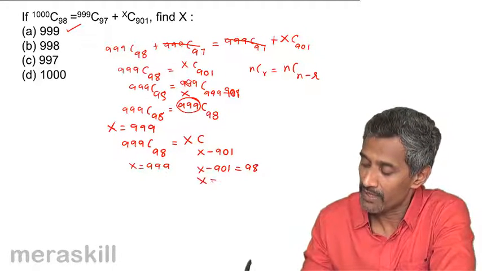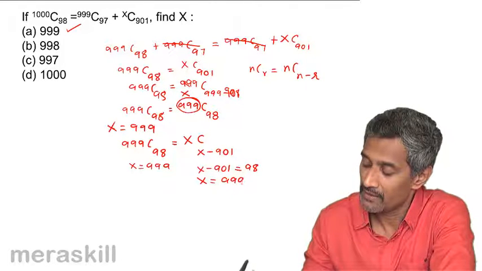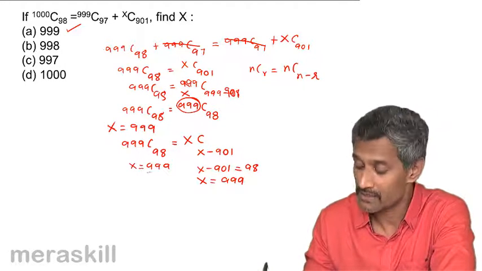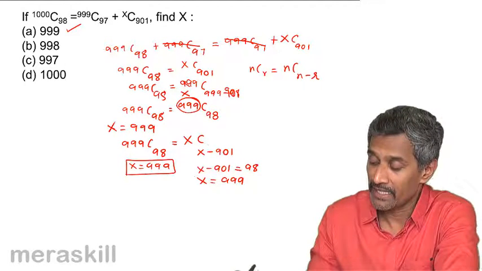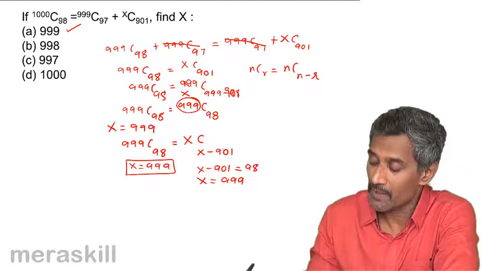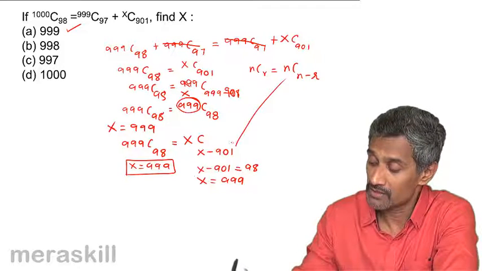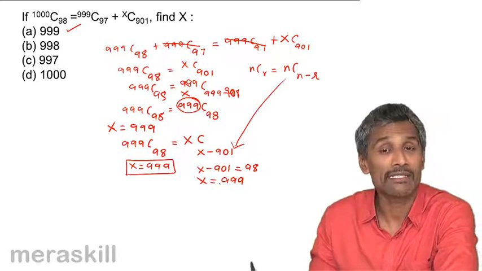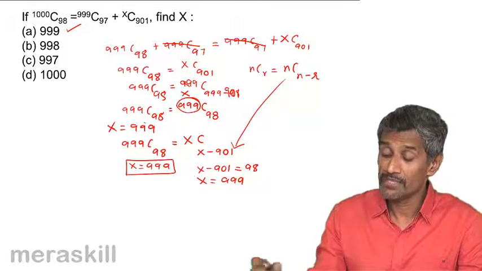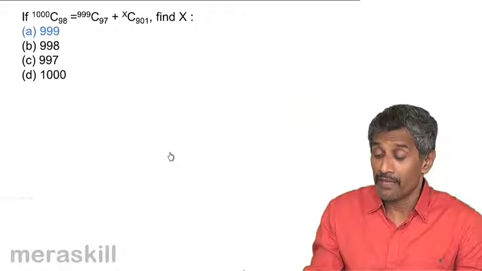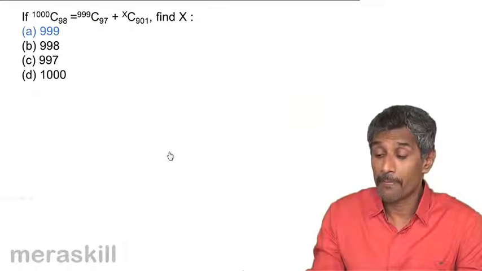This will also give X as 999. So we can equate it in this way. XC901 can be XC X minus 901 using this particular formula, and you get X as 999. Thus we have this, and yes, that's valid.